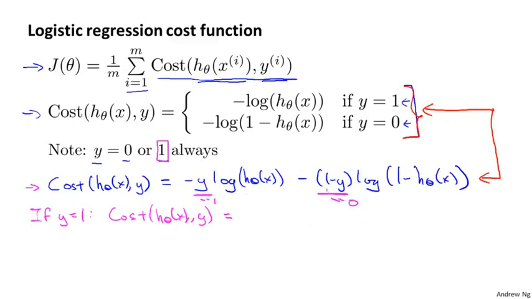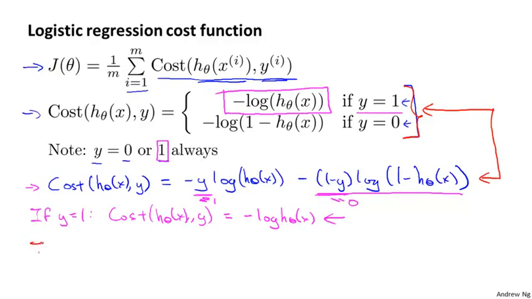So 1 minus y is 1 minus 1, which is 0. So the second term gets multiplied by 0 and goes away, and we're left with only the first term, minus y times log h of x. y is 1, so that's equal to minus log h of x. And this equation is exactly what we have up here for y equal to 1.